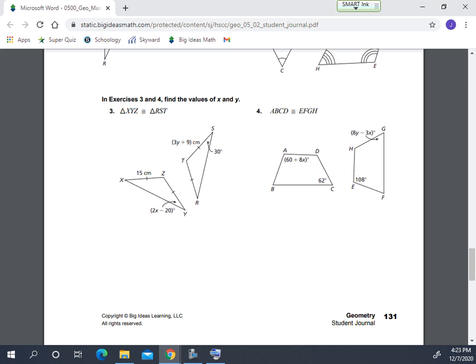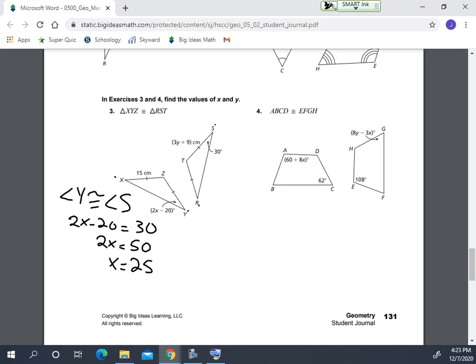Okay, well, if we know that XYZ is congruent to RST, we know that angle Y and angle S, they're congruent to each other. We know that. That's what they gave us. So we know that 2x minus 20 is equal to 30 degrees. Okay, if I did this, I'd get 2x is equal to 50, and I'd end up with x is equal to 25.